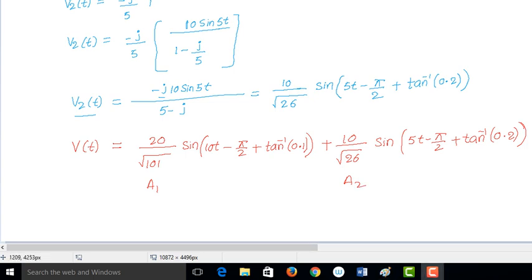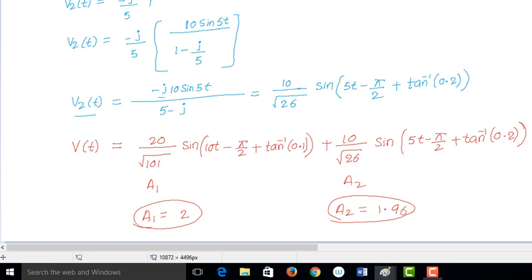So a1 will be approximately 2, I think, and a2 is 1.96. So this is my final answer.